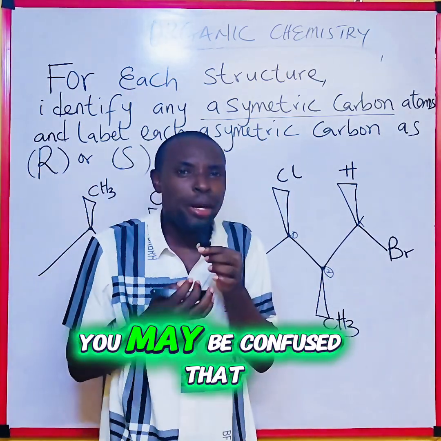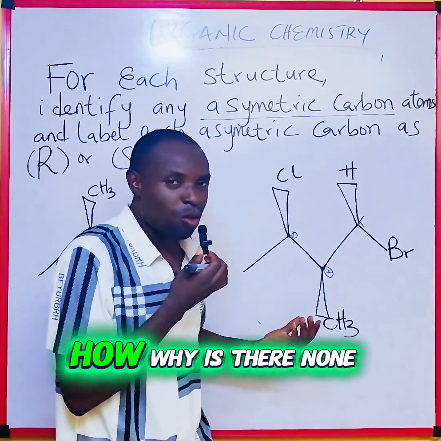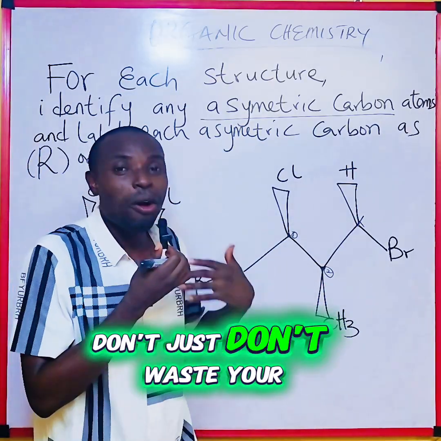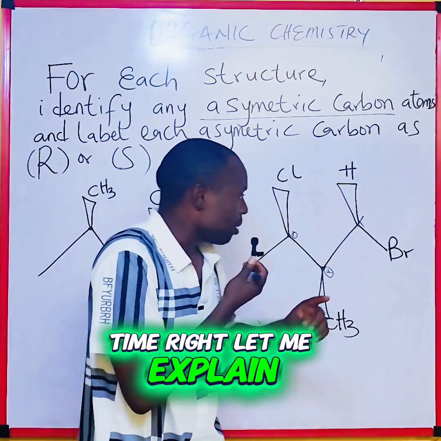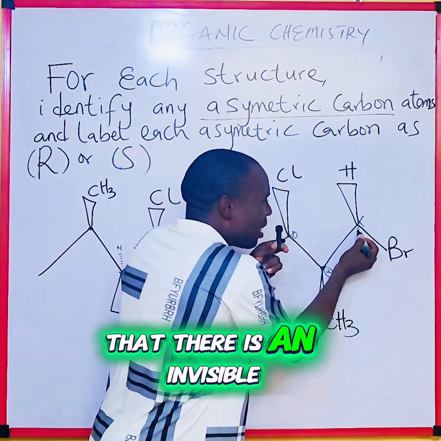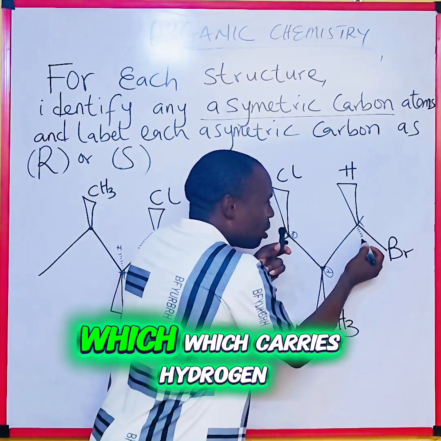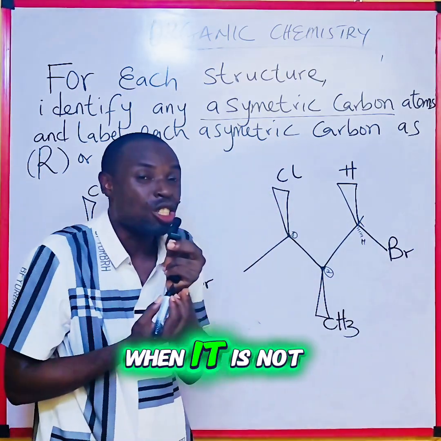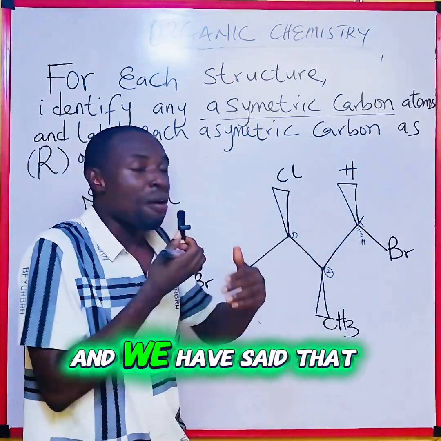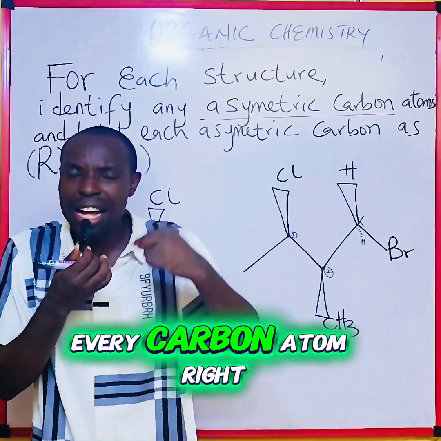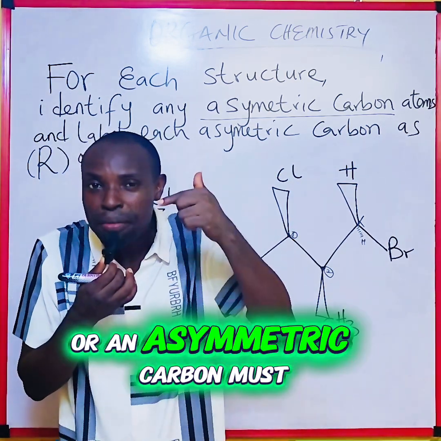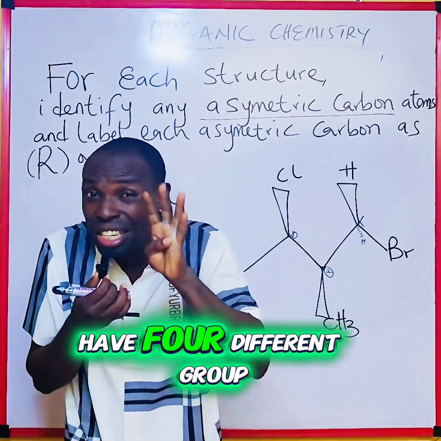Why is there none here? Simple. Let me explain. Remember that I have always told you there is an invisible bond which carries hydrogen that you do not put when it is not denoted. Now look at it: we have said that every chiral carbon atom, or asymmetric carbon, must have four different groups.